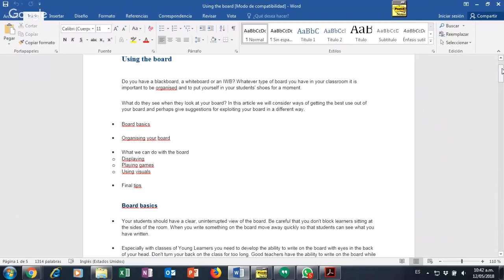And this is the Word document. You can see it from here better, or if you want to download it to your computer, you can click here and it's going to download. And click to open up your document.